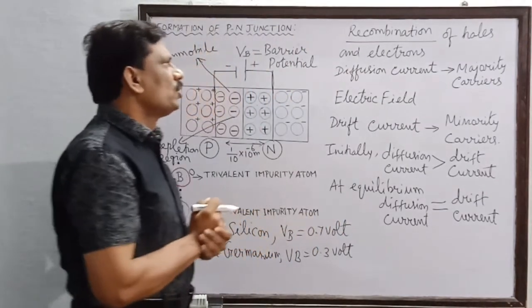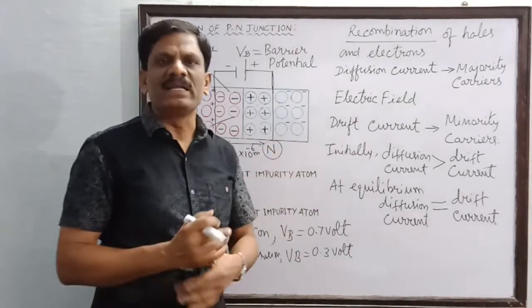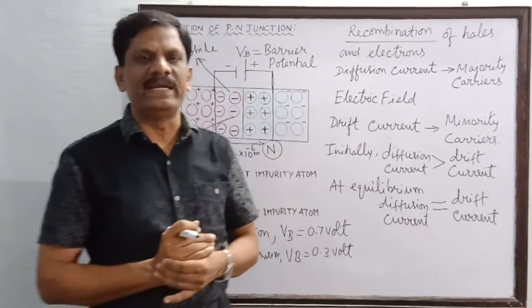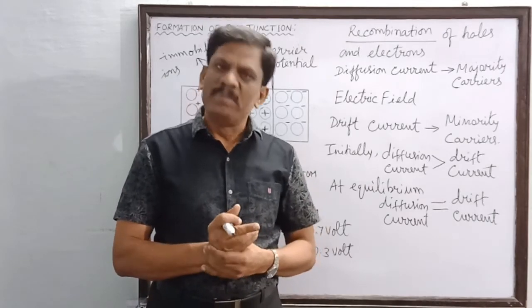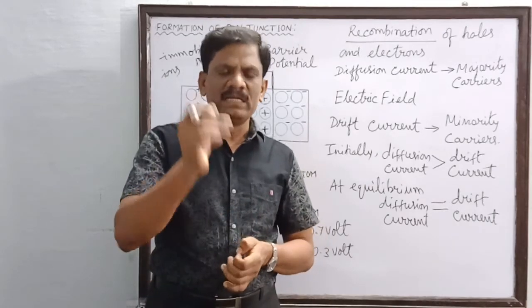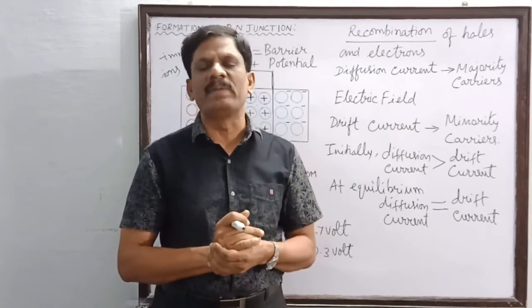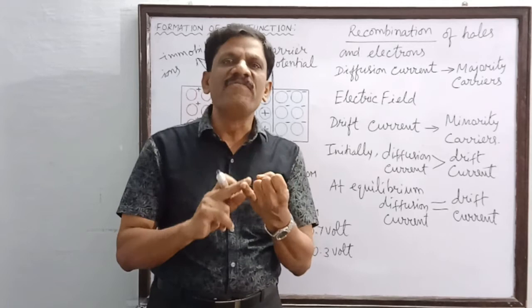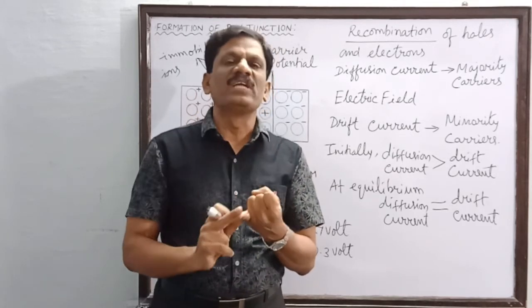Now I have told you, when the P and the N type semiconductors are joined side to side, the common region of contact is called the P-N junction. So the moment the junction is formed, what are the two processes which are going to take place? One is diffusion. Second one is drift. What is diffusion?